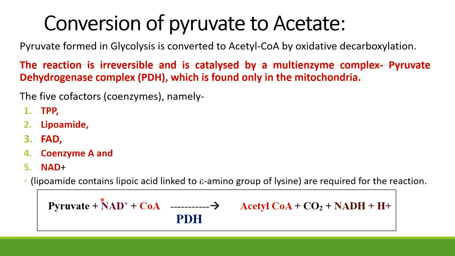So you see here the conversion: pyruvate is converted to acetyl-CoA in the presence of the pyruvate dehydrogenase complex. NAD+ is required, coenzyme A, and it is converted to acetyl-CoA. One molecule of carbon dioxide is released and NADH, H+ is produced.